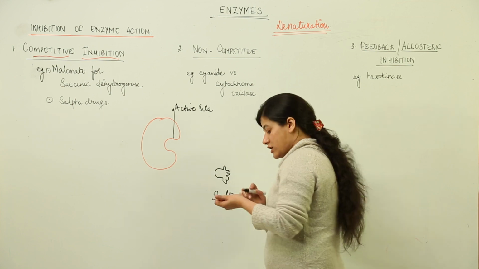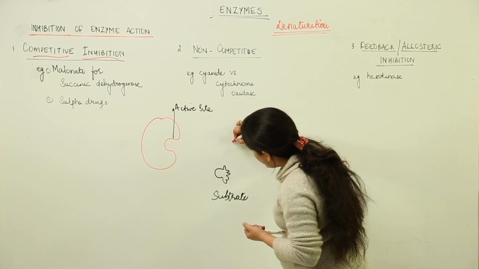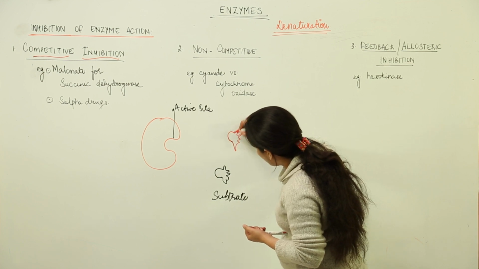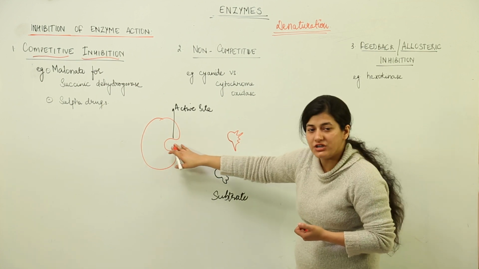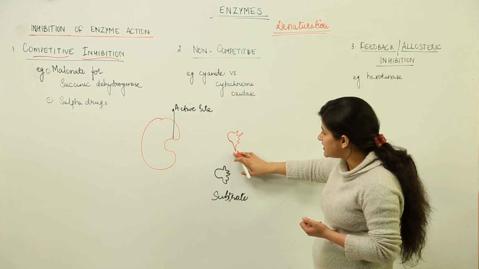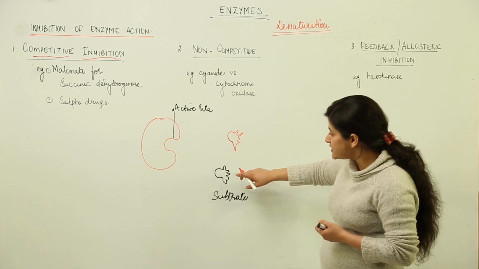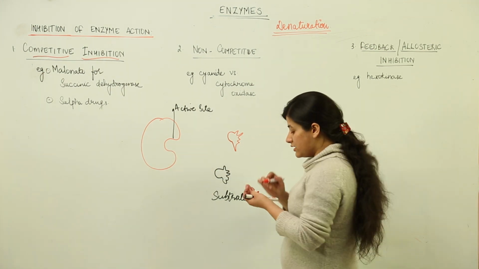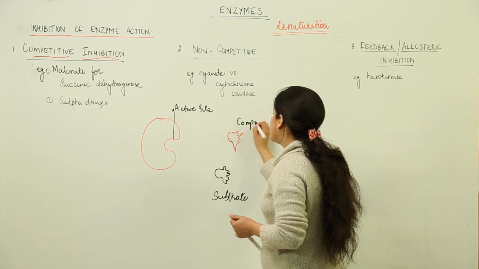Now the inhibitor by any chance would have the same structure as the substrate, at least it would be able to fit into the active site. That means it has almost a similar structure to the substrate. So what happens? It provides a competition for the active site. This is the substrate and this is the competitive inhibitor.